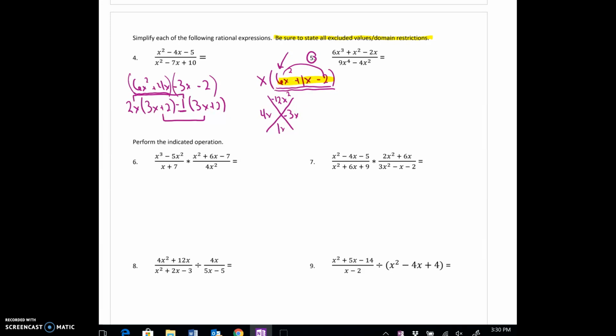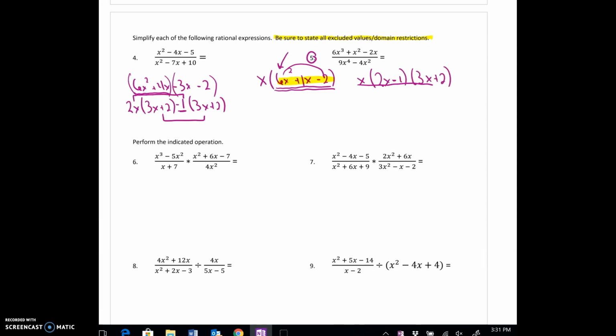So I'm going to erase my x here. Here's my problem. It becomes the x that I took out, and then my new factors of 2x minus 1 and 3x plus 2. So the numerator is factored all the way.